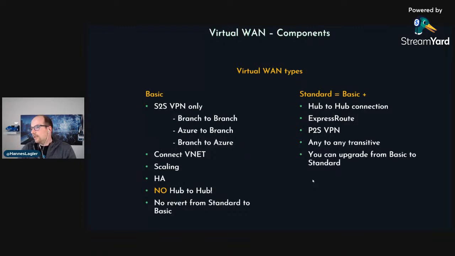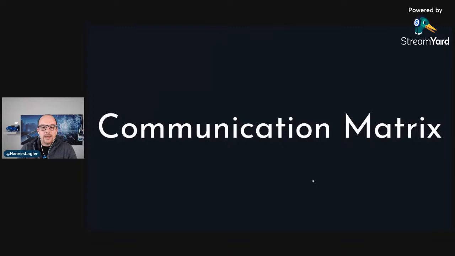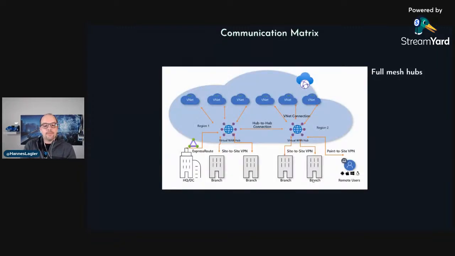So when we go ahead, and I have to look a little bit at the time, the communication matrix, what is possible? When we have a multi-region architecture, we have the ability to connect from branch to Azure for sure, over site-to-site VPN, over point-to-site VPN.